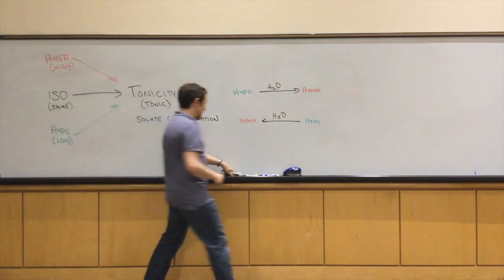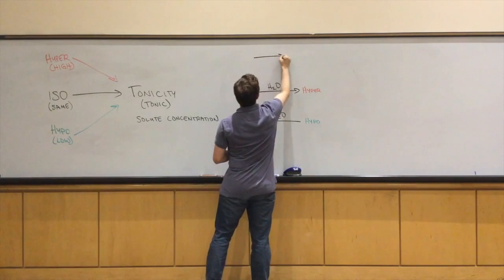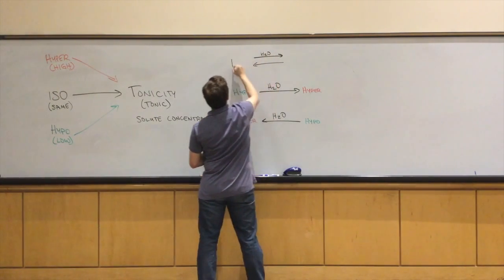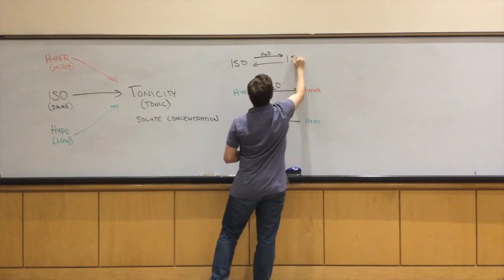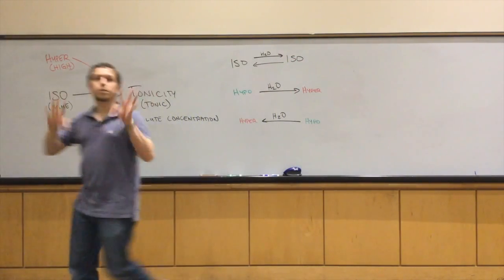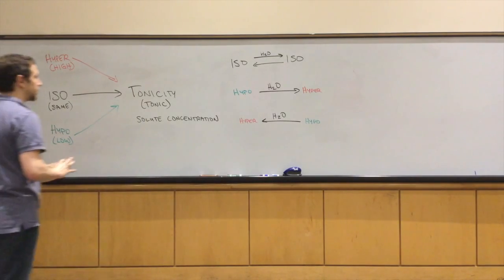If instead you have an instance where water is moving in both directions at an equal rate, then both of your solutions should be isotonic to one another. Okay? So this is just the general parameter of what you can expect for your solutions if water's moving in one direction or another. We'll talk about the effect that this has on cells soon enough.